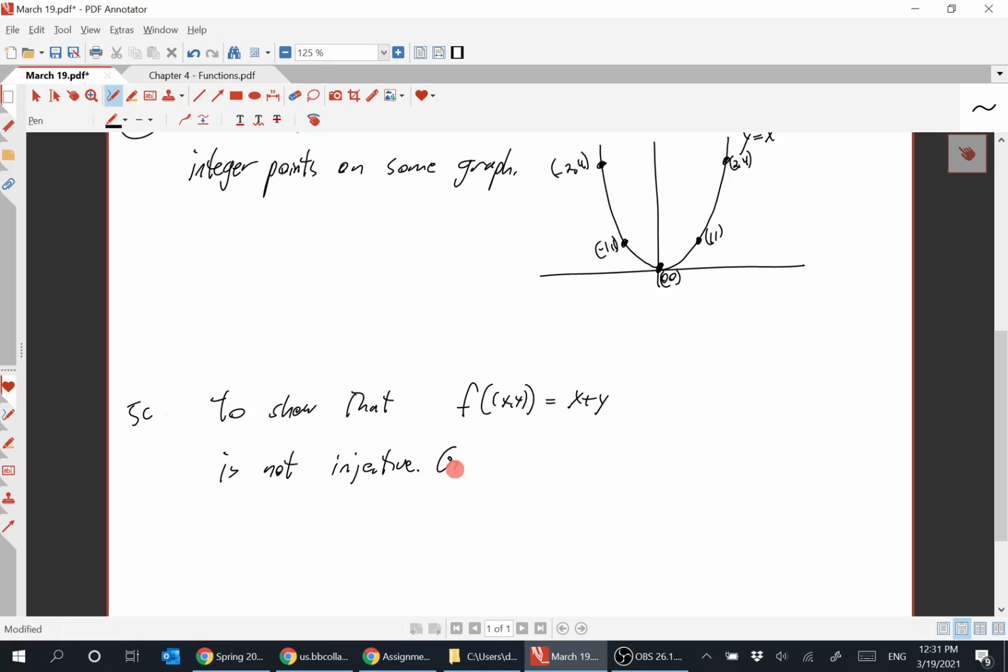All right, give 2 points, 2 domain points. What do the domain points look like? All right, this is a function f from Z cross Z to Z. Oops. All right, so this is the domain. This is the range. So what's 2 points in the domain look like?